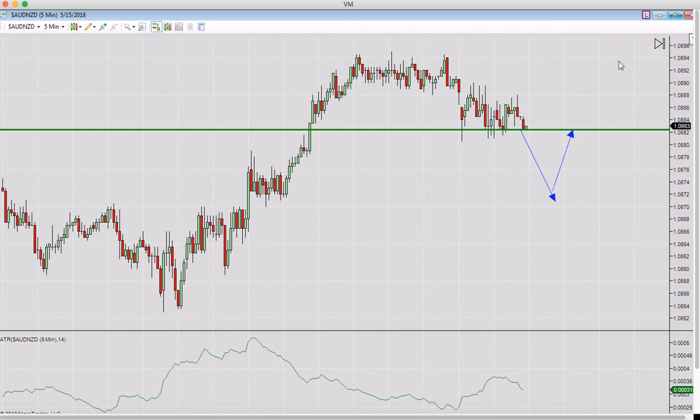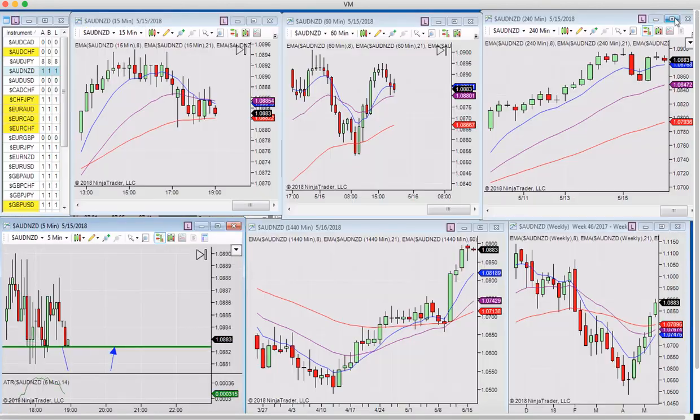What we're looking for is the low volatility time, where we've seen an uptick in volatility, so chances are this uptick in volatility means that it's going to kick off in one direction or the other quite soon. AUD NZD is a very good setup, and I'm going to post it now.